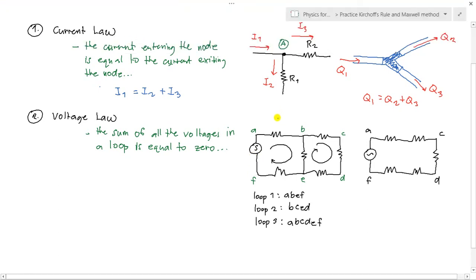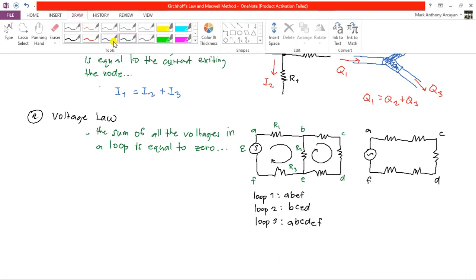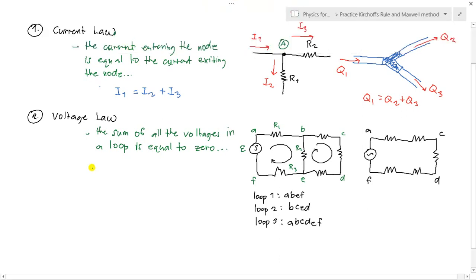So meaning, in loop number 1, let's say I'm going to put some values here. Let's say this is R1, R2, R3, and of course this is E. Again, E represents the voltage of our power source. Now, for our power source, let's say a battery.